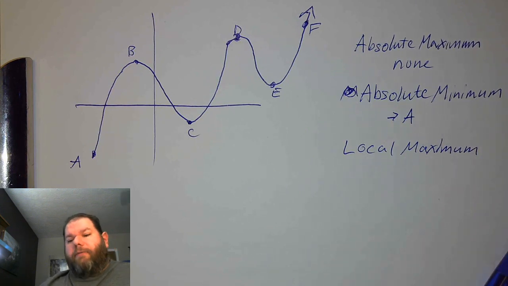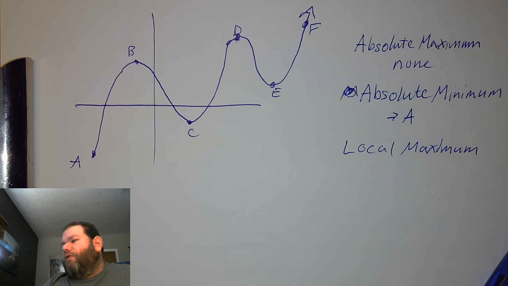What about a local maximum? Again, local maximum occurs where the graph switches from increasing to decreasing.